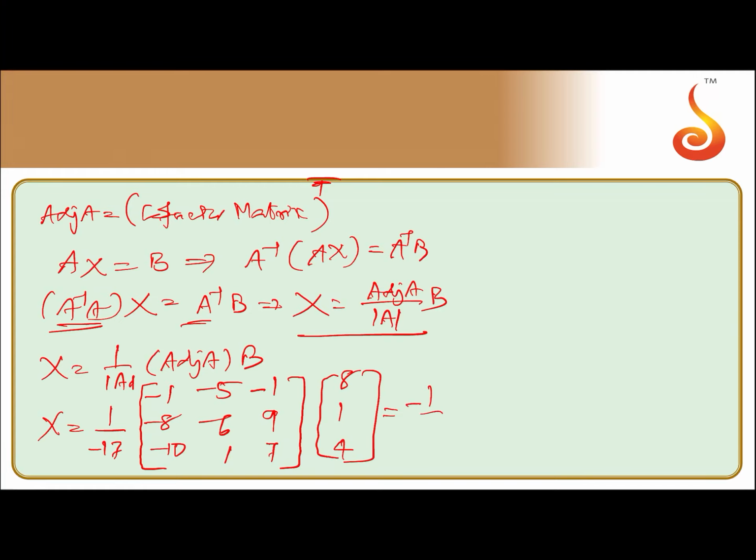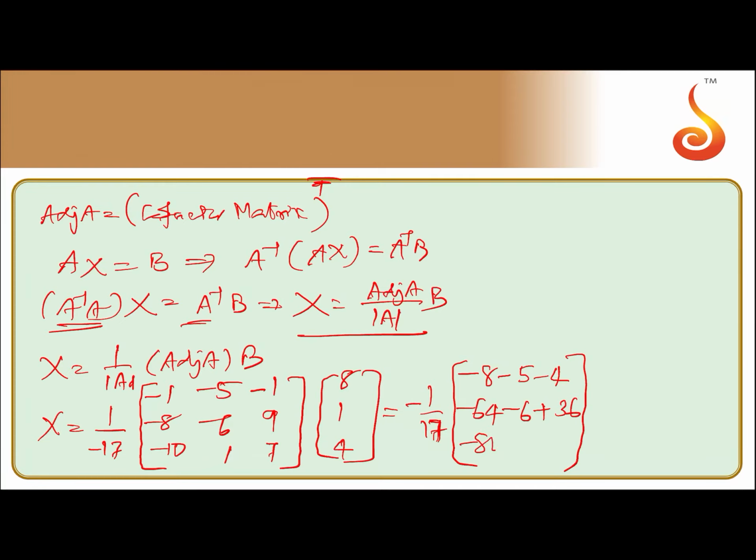And that equals minus 1 by 17 times the product. So you'll be getting minus 8 minus 5 minus 4, first row, first column. Second row, first column: minus 64, minus 6, 36. Plus 36.